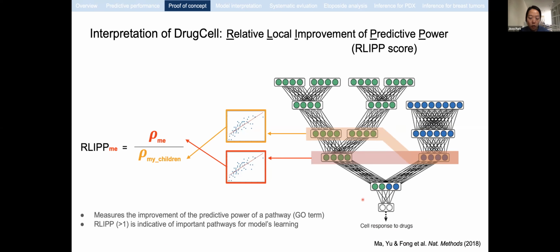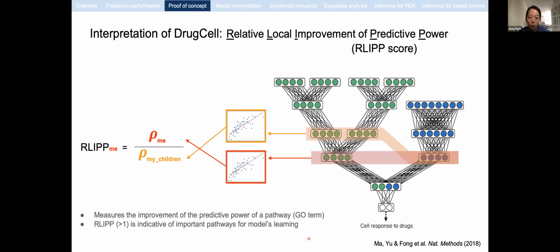To calculate the RLIPP score for one pathway, I first trained a linear model using the neuron values assigned to the pathway. Then I collected the neuron values assigned to all of its children pathways and concatenated them, and trained another linear model using the concatenation. Then the RLIPP score is defined as the ratio of the Spearman rho of the parent linear model to that of the children linear model.